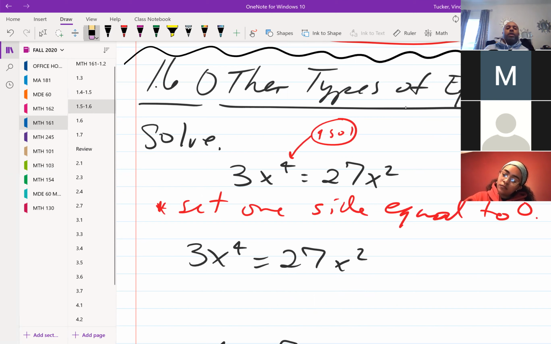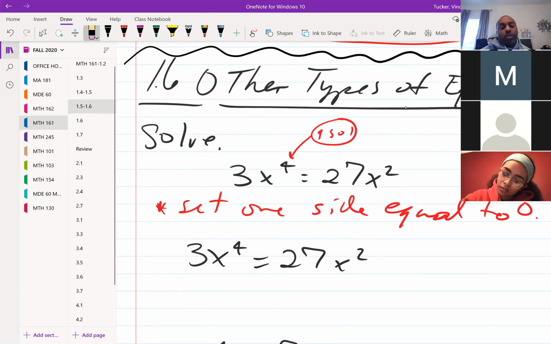And here we have 3x to the 4th equal to 27x squared. Our highest exponent is 4, so that lets us know that we should get 4 solutions.